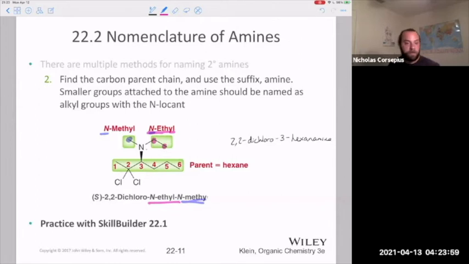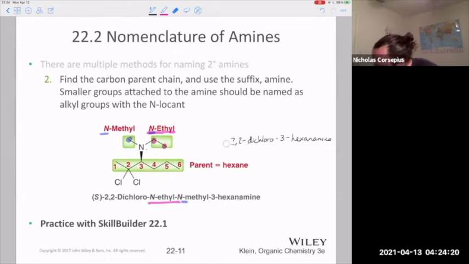Notice how it's still in alphabetical order. I go chloro, ethyl, methyl, just like I would if they were on carbons. And then 3-hexanamine, right? You have to indicate the position of the amine group, and the N indicates that those alkyl groups are on the amine group.